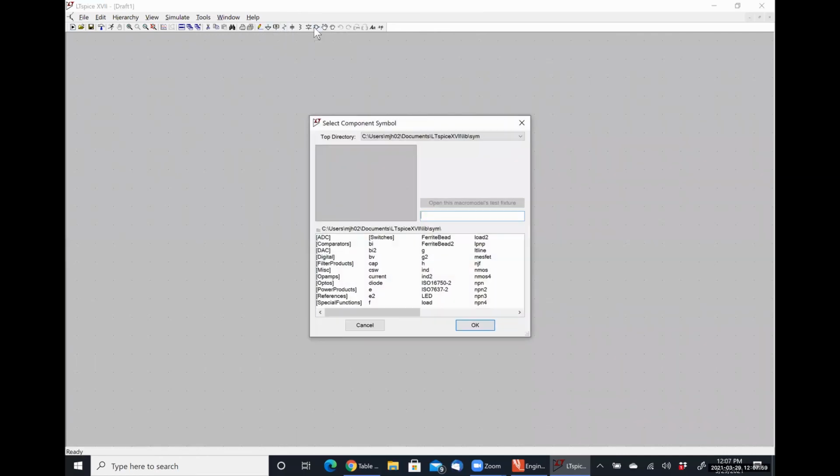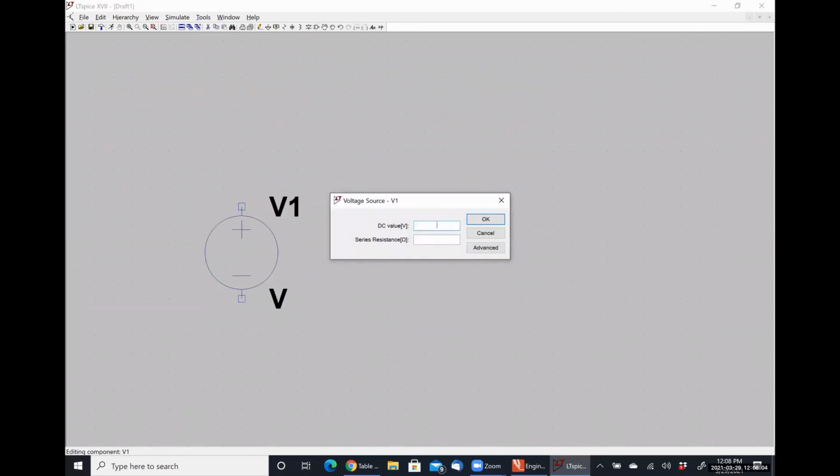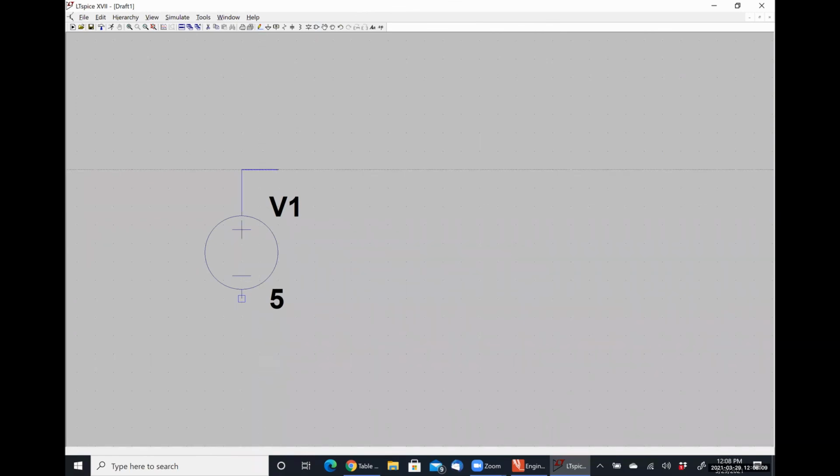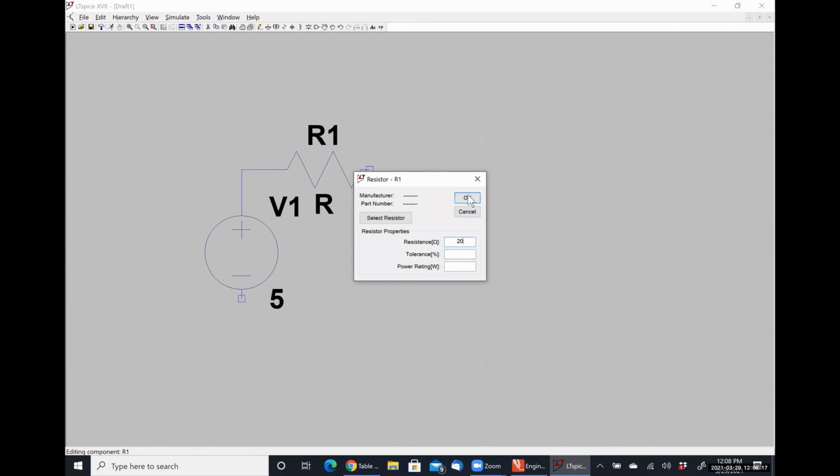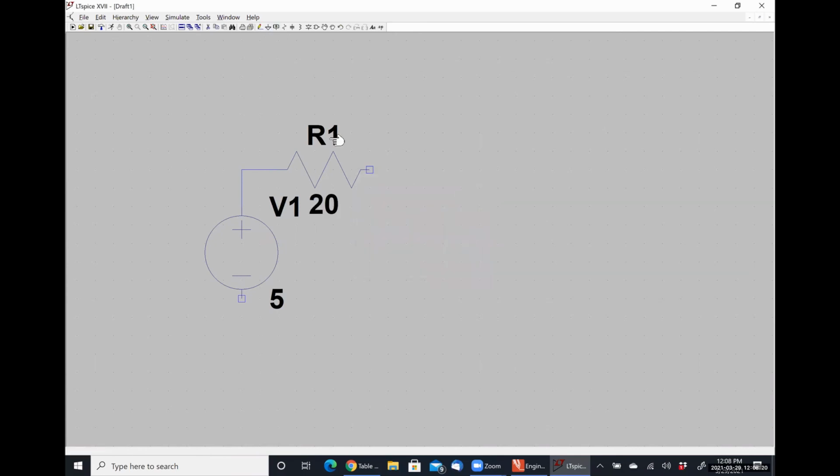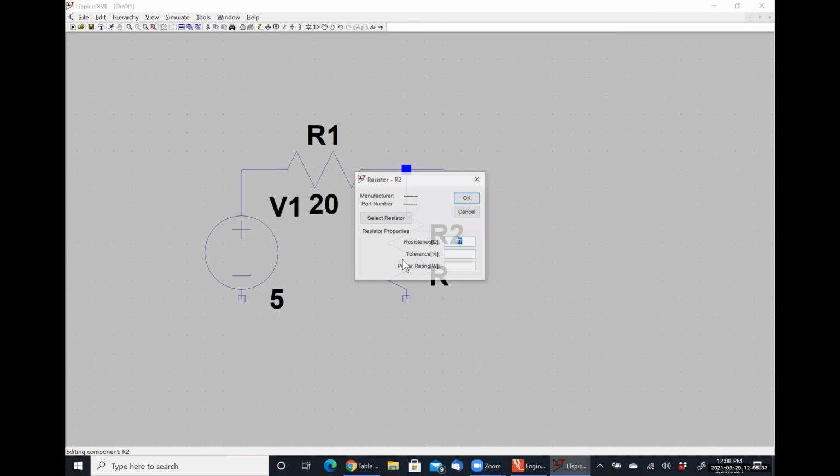All right, so for our transient condition, we have a 5-volt source. 20 ohm resistor here. 20 ohm resistor here.